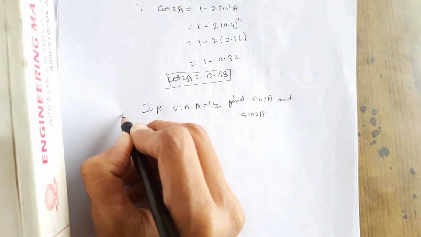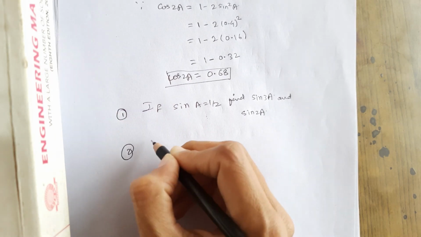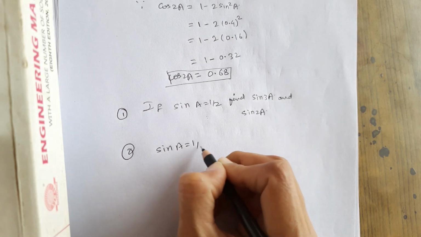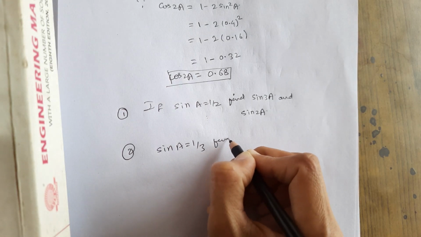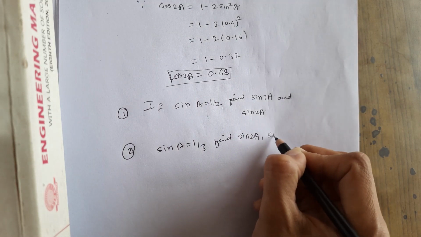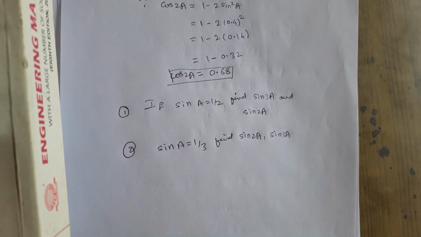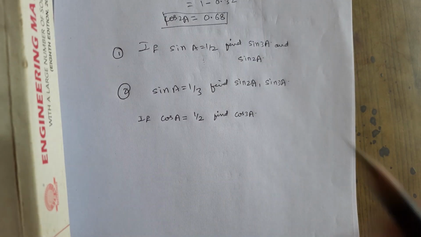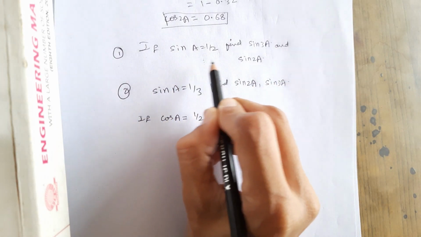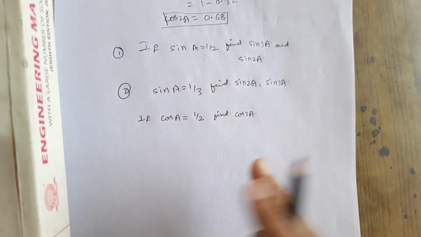Find out both of these. Similarly, if sin a equals 1 by 3, find sin 2a and sin 3a. So try these two examples. Just pause the video lecture and try it out. Find the values and let me know in the comment section what values you are getting.